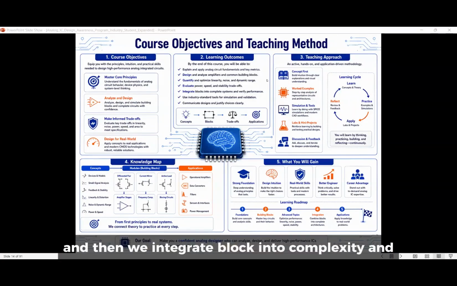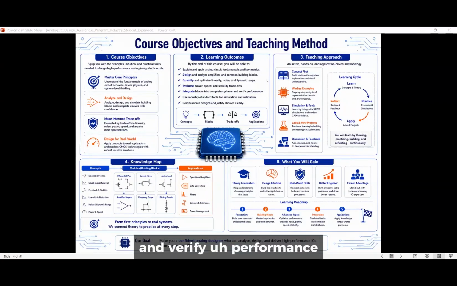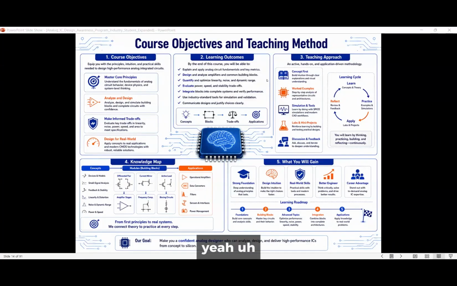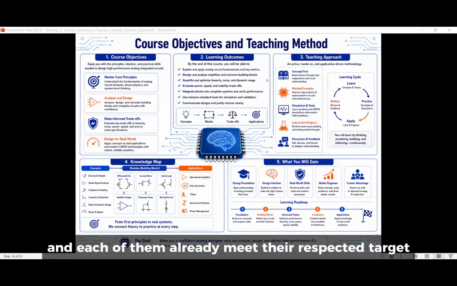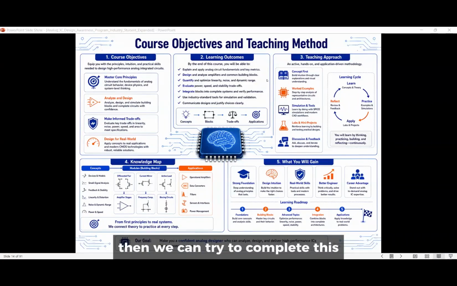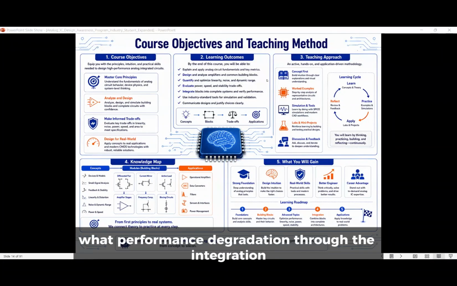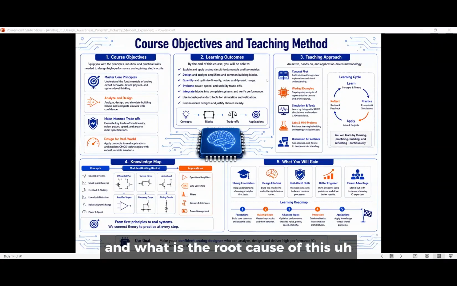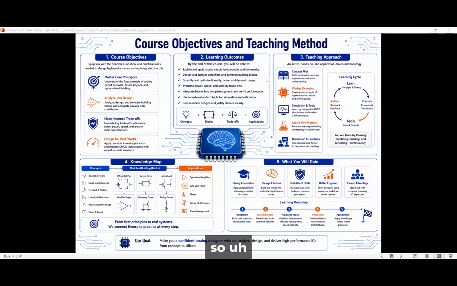And then we integrate blocks into a complete system and verify performance. Once we have multiple designs and each of them already meets its respective target, we can try to integrate these building blocks and evaluate their performance after integration, to see what performance degradation occurs through the integration, and what the root cause of this degradation is.